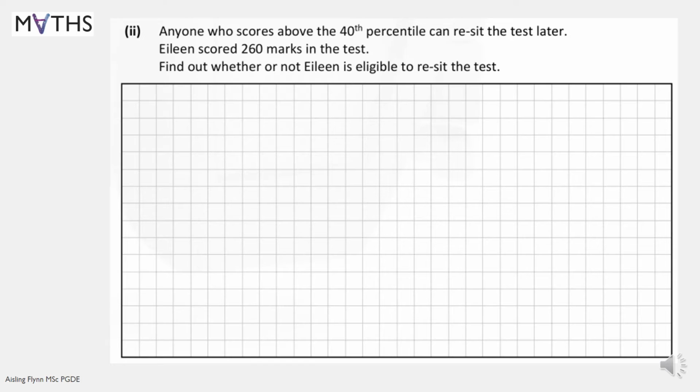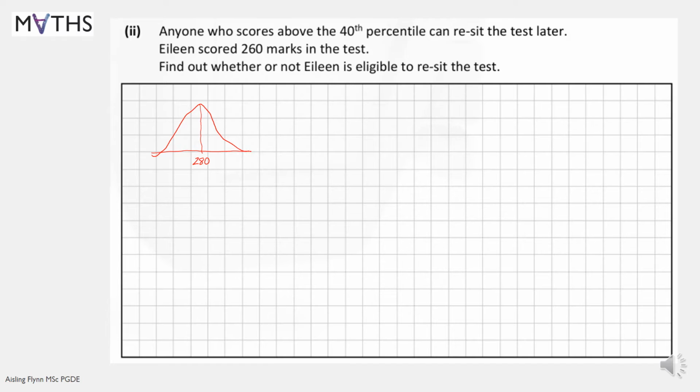So part 2 of that question, anyone who scores above the 40th percentile can resit the test later. Eileen scored 260 marks in the test. To find out whether or not Eileen is eligible to resit the test, let's think of our normal distribution again. Remember we had a mean of 280 marks. Now Eileen scored less than that.